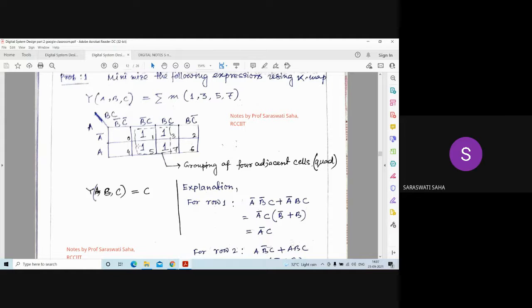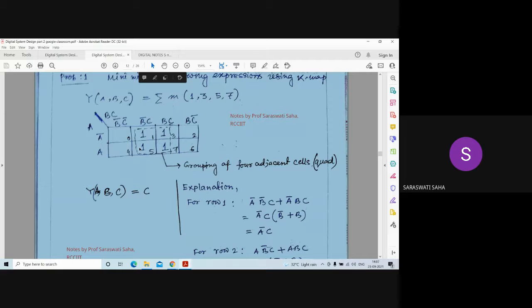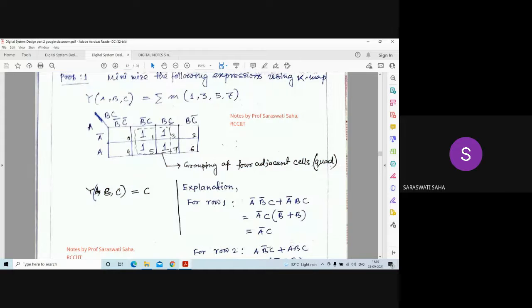This grouping of 4 adjacent cells is known as a quad. When 4 adjacent cells contain 1, mark them in this way. Okay?